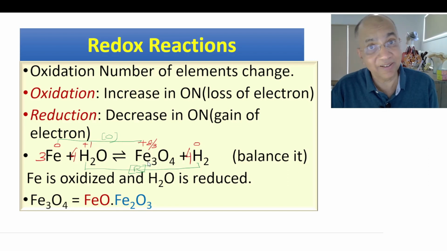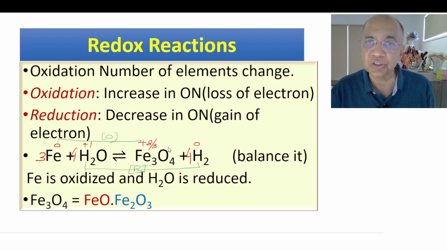And here the average oxidation number is plus 8 by 3. While explaining the equation, you have to give the average. We know for sure there is nothing called 8 by 3. One of them is plus 2, two of them are plus 3, but you have to write the average value. So it is increased.